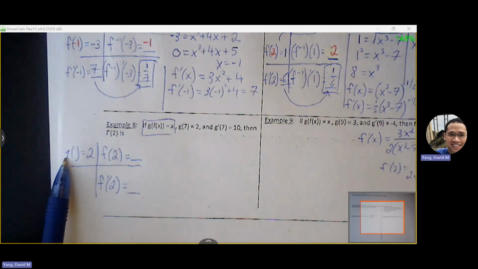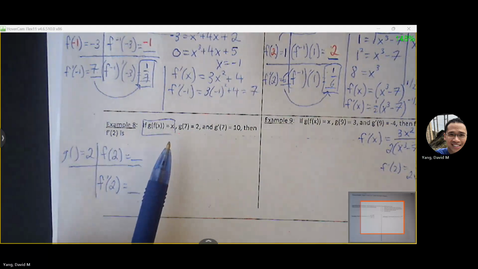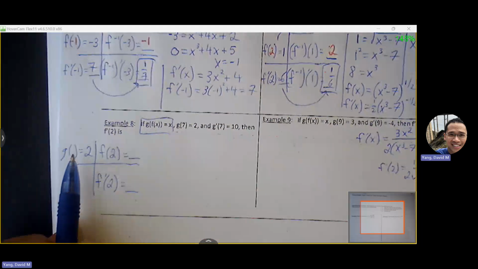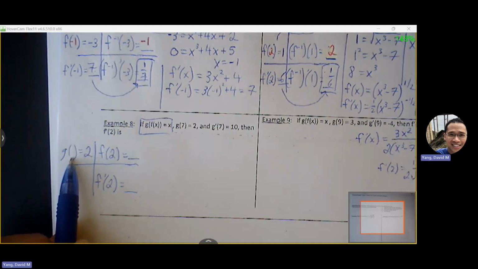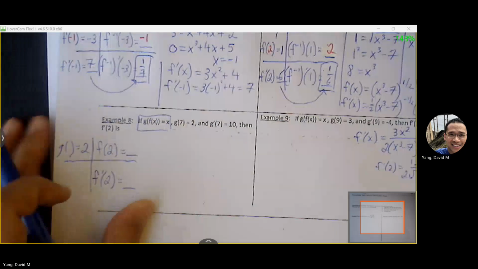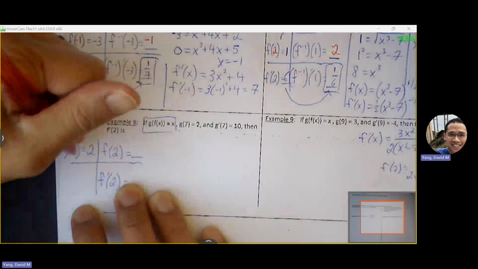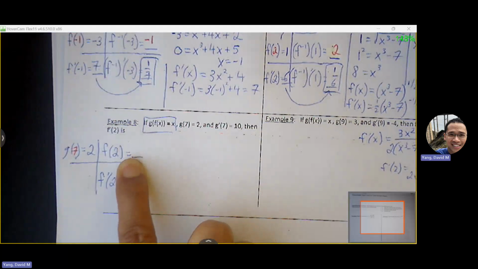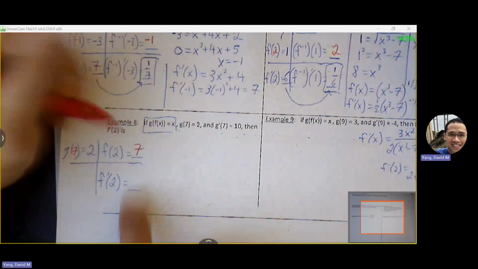Sometimes there is extraneous information to see if students can be thrown off, but what can I fit in here? What's an ordered pair that has a y value of 2 for my g function? Yeah, g of 7 equals 2. So if there's an ordered pair of (7, 2) that lives on the g function, there must be a what on the f function? (2, 7).